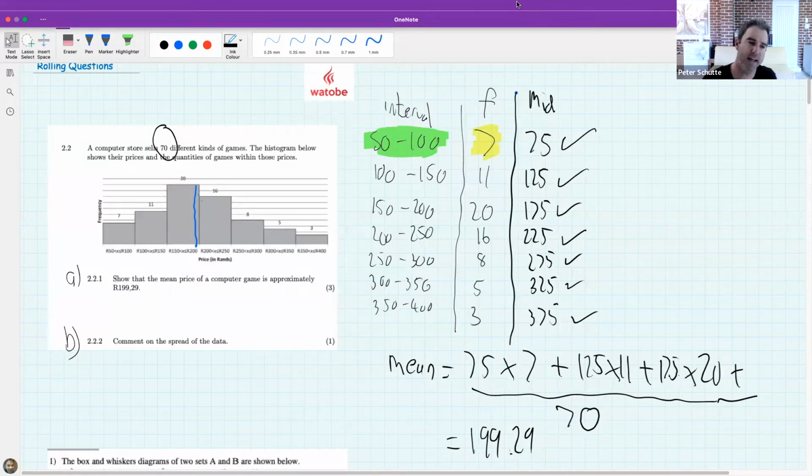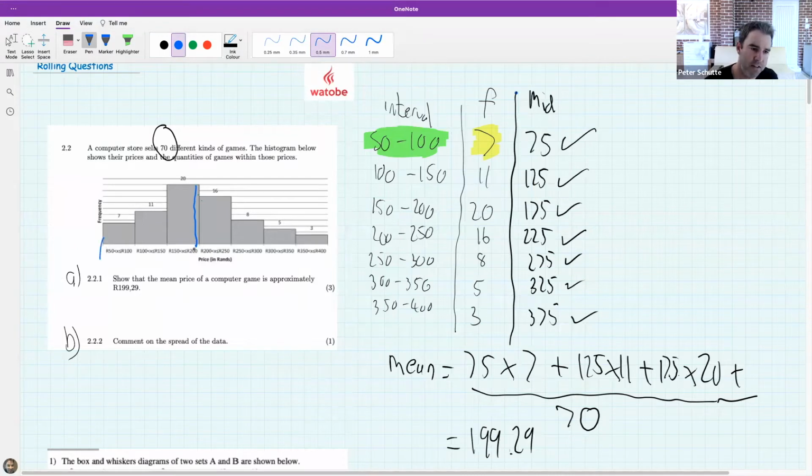It looks to me like the bottom 50% of the data is quite close together, and the top 50% is more spread out. You see how 50% of the data fits into that range, and 50% of the data fits approximately into that range. What do you guys think? What sort of skewness do you think this has?